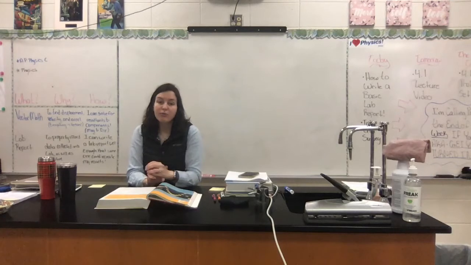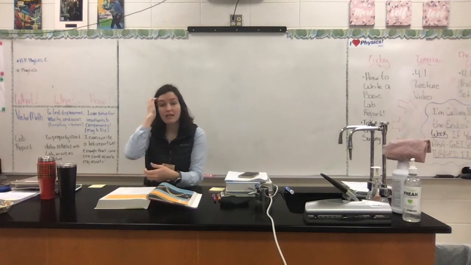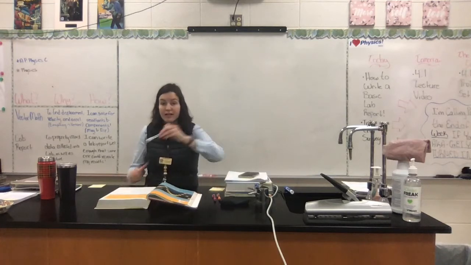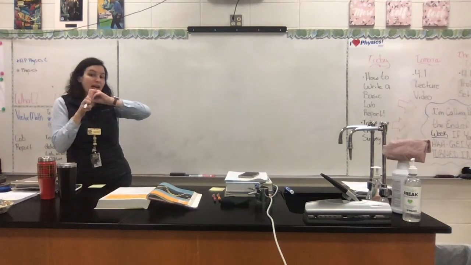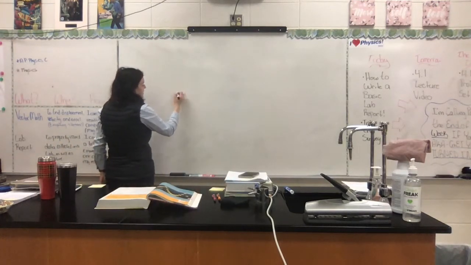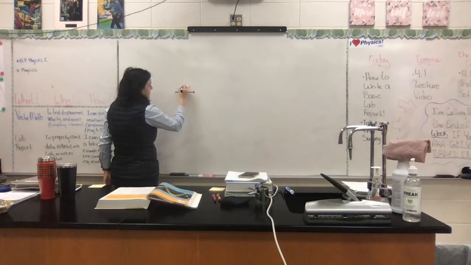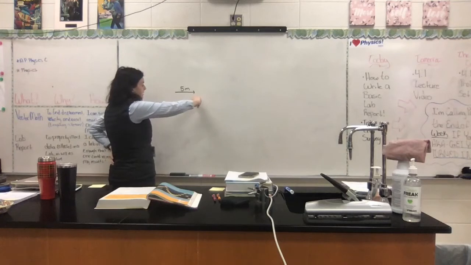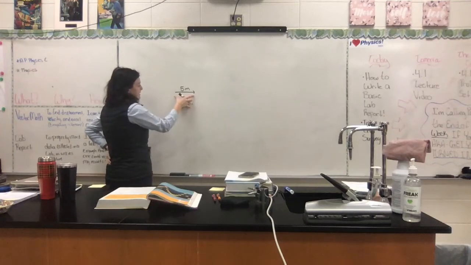So another important part about vectors is when we're drawing them, their length is going to matter, okay? So for instance, let's say we had a displacement of positive 5 meters, the vector might look like this. It's going to the right, it's positive, and it's about this long.